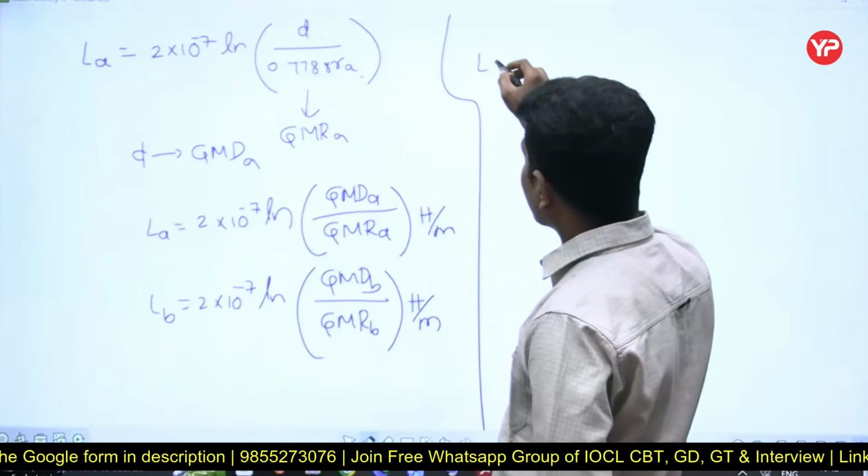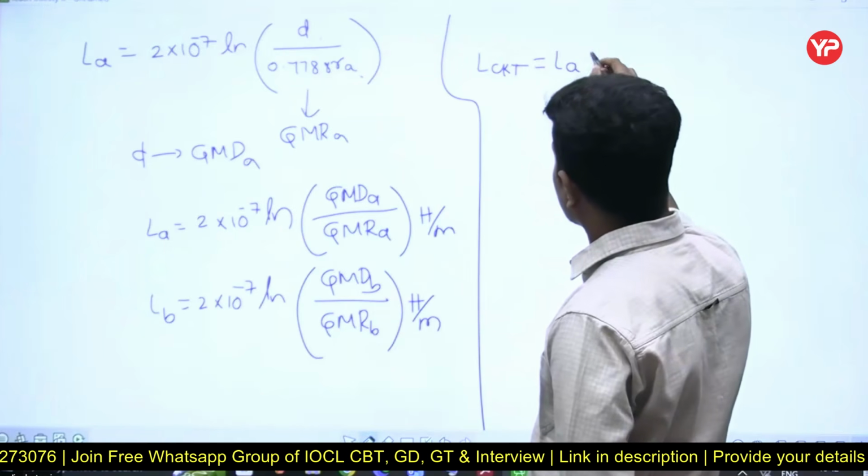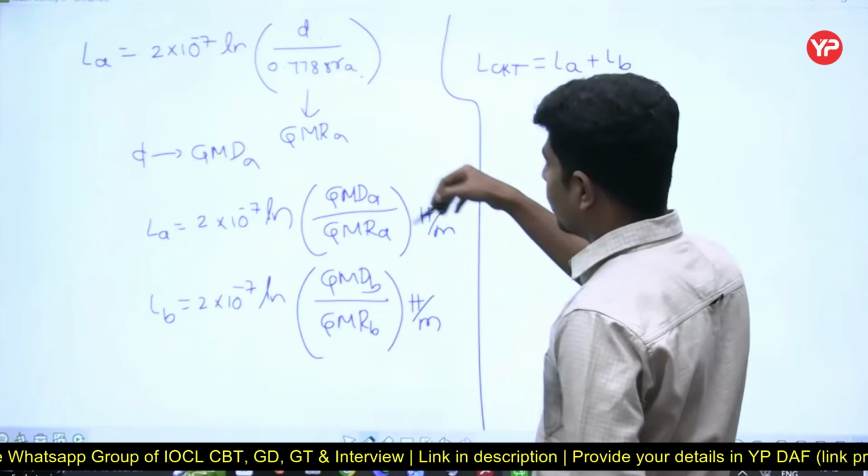Sir, I want L circuit. What does it mean by L circuit? L circuit is equal to LA plus LB.